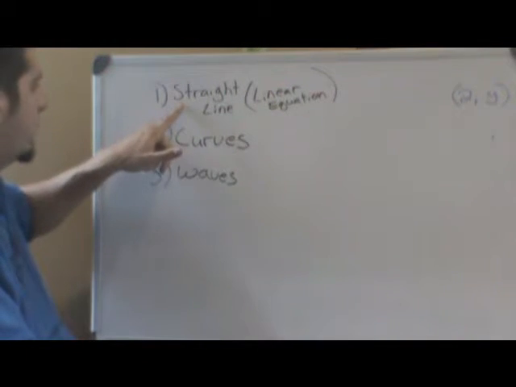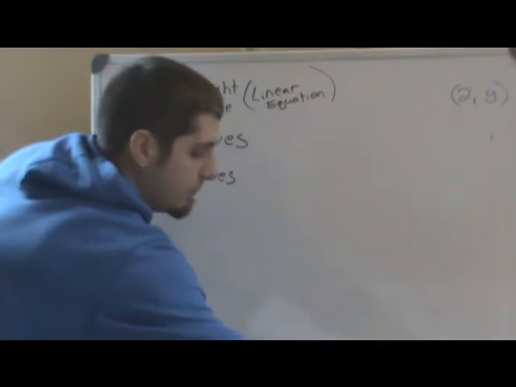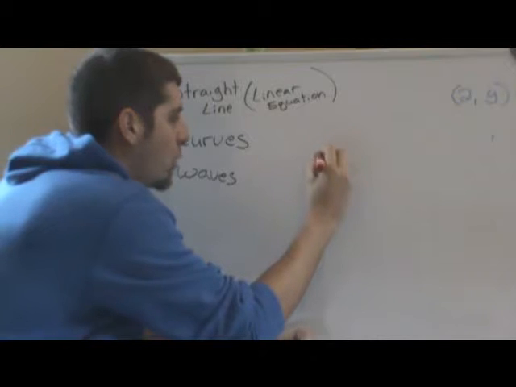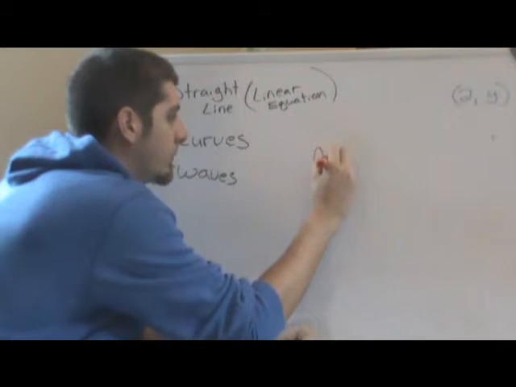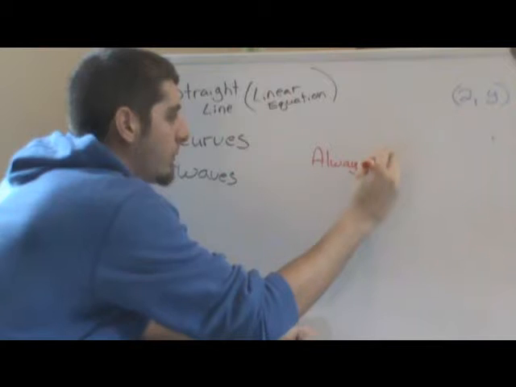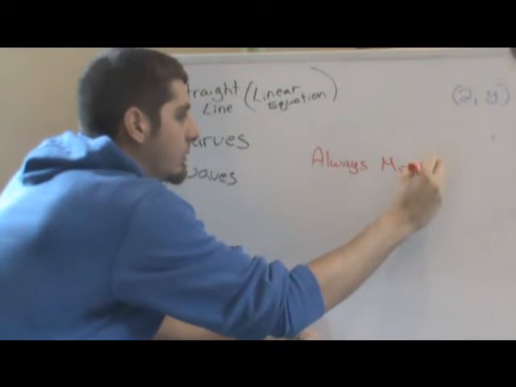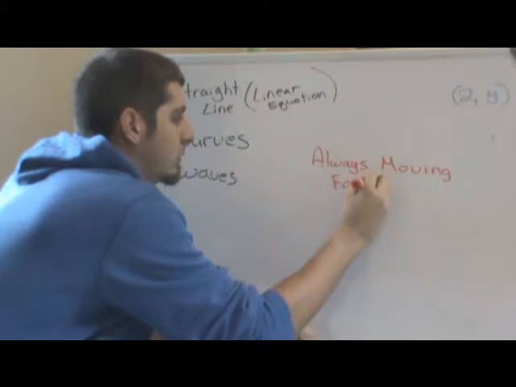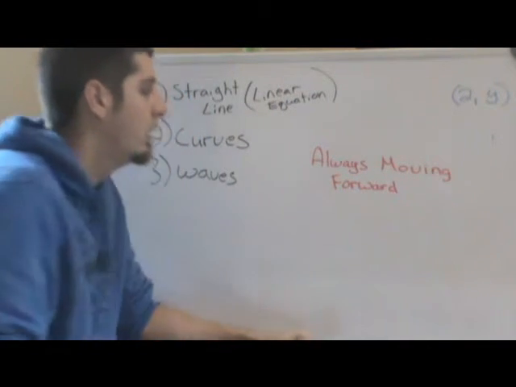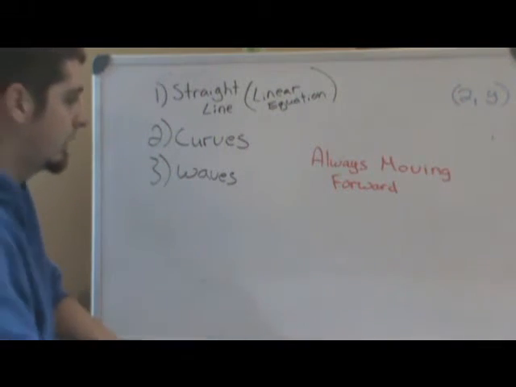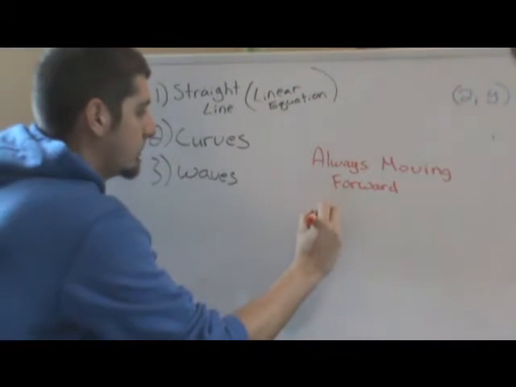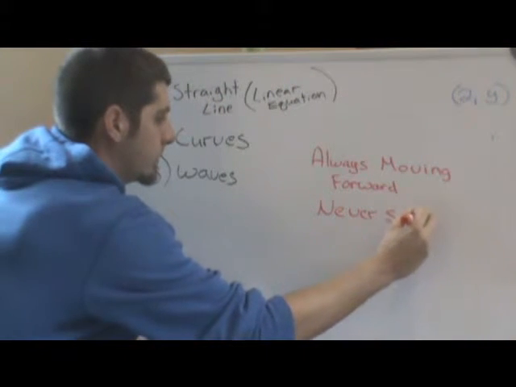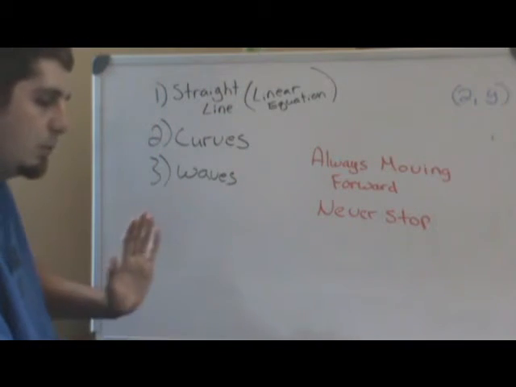So what is special about straight lines, curves, and waves? What makes them functions? Or how else can you identify that they're a function? Is because they're always moving forward. Okay? They never stand still. They never stop. And they never stand still. They always move forward.